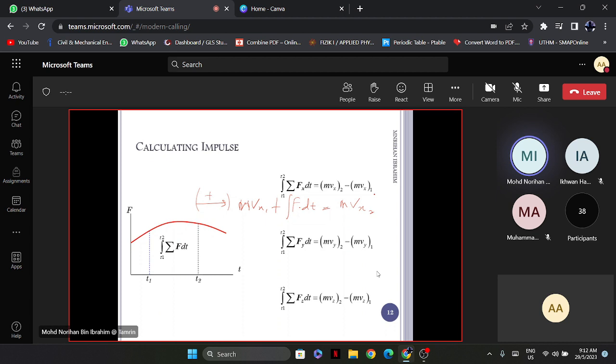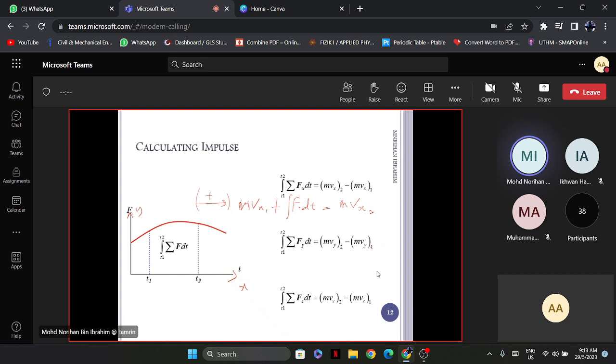When we consider the x directions, and also the y direction, if we consider the vertical direction, we can use this equation: the sum of the integral of Fy dt is equal to m vy2 minus m vy1.